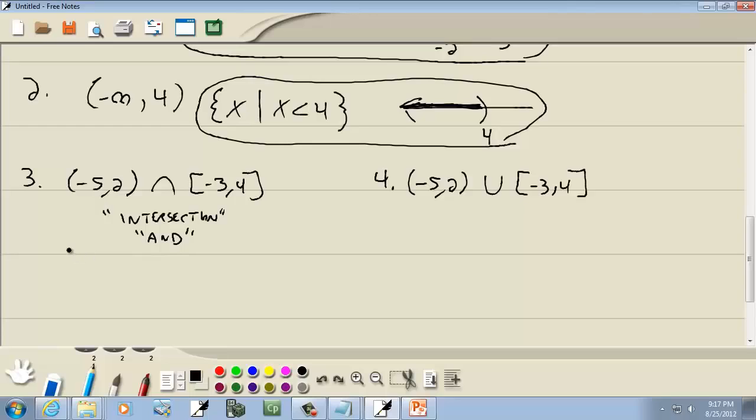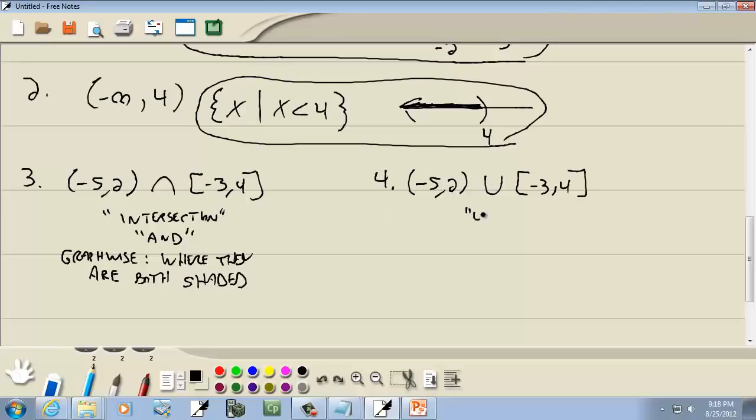Or math-wise, it's the AND. Now, graph-wise, this is where they are both shaded. So where they are both shaded.